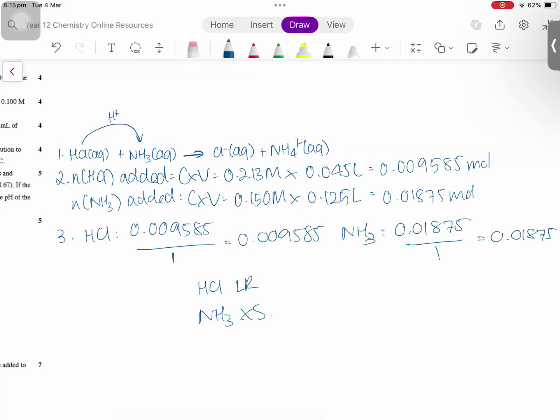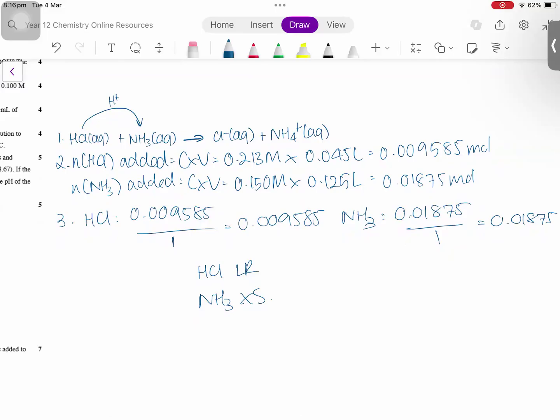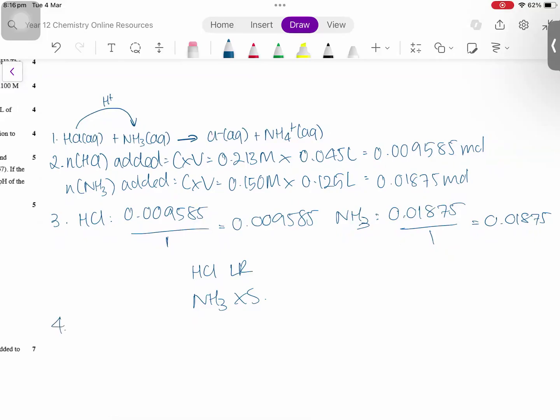But that doesn't mean your total NH3 affects pH because once again, some of it reacts and turns into the stuff on the right. So you don't just want to know how much NH3 is in excess, you want to know how much is actually in excess. So number 4, moles of NH3 in excess is the moles that you added in the first place minus the moles that got reacted. We calculated that ourselves.